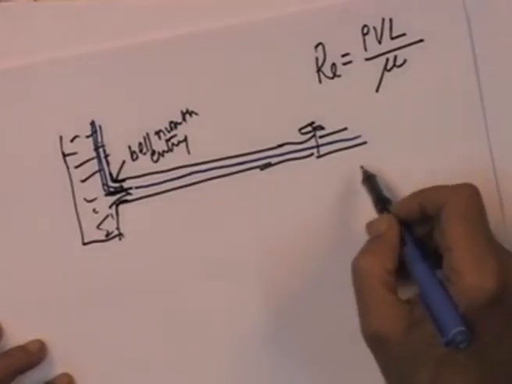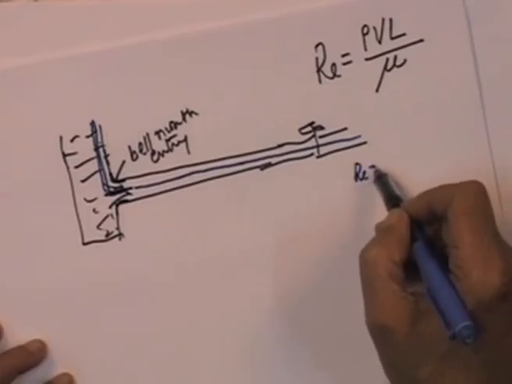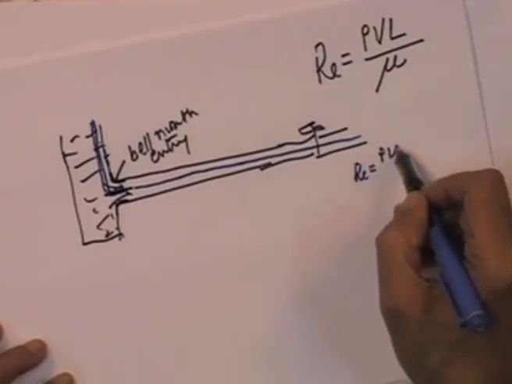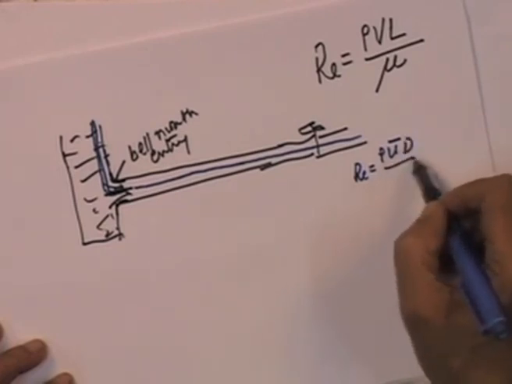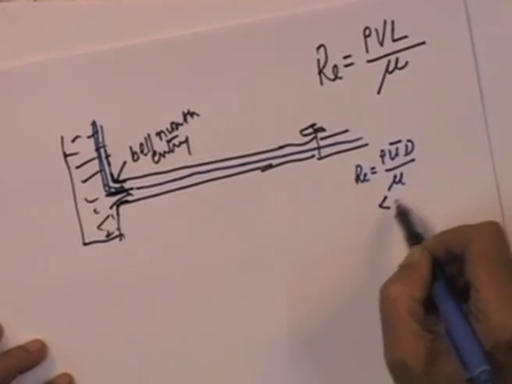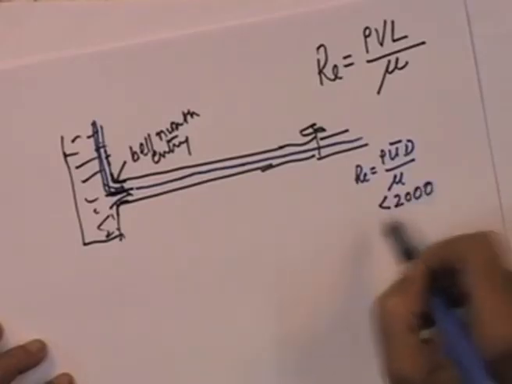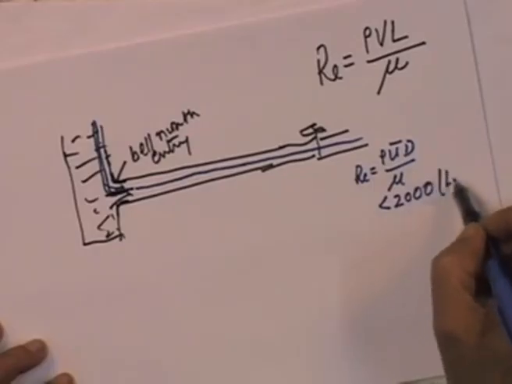This happened till Reynolds number equal to rho times u bar, the mean velocity, into diameter divided by mu, was less than 2000, and you had laminar flow.